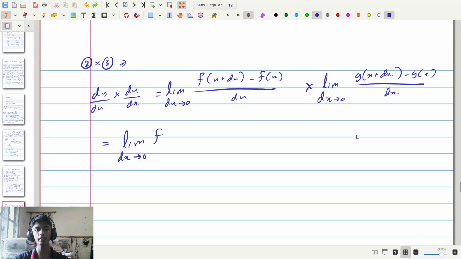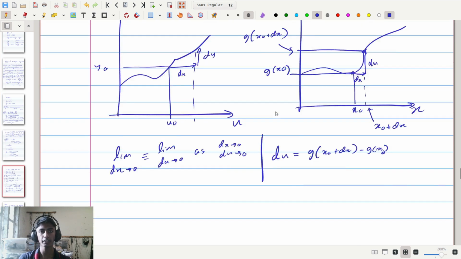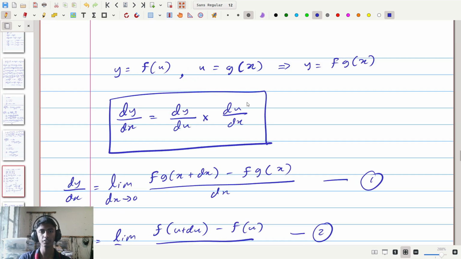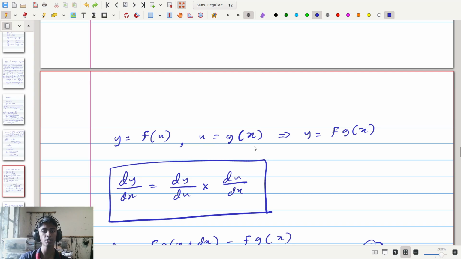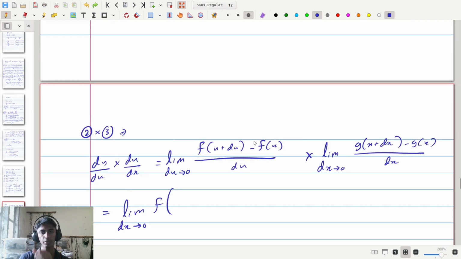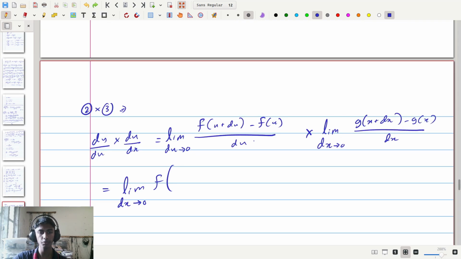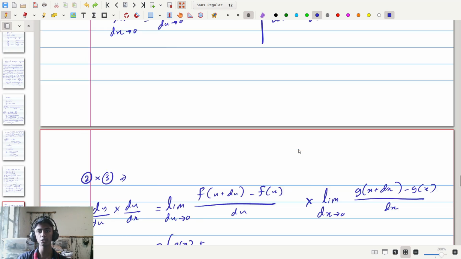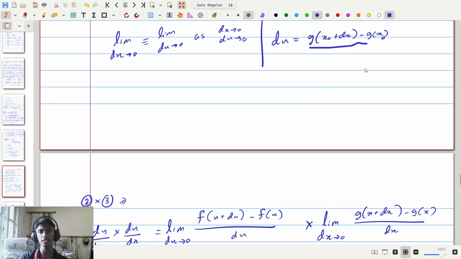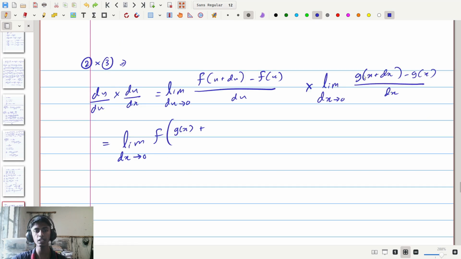So then, substituting that, what we have here is f of, remember that u is g of x, so substituting that in we have f of g of x plus du, which we substitute as g of x plus dx minus g of x. So here what we have is g of x plus dx minus g of x, and we're substituting that in instead of du.